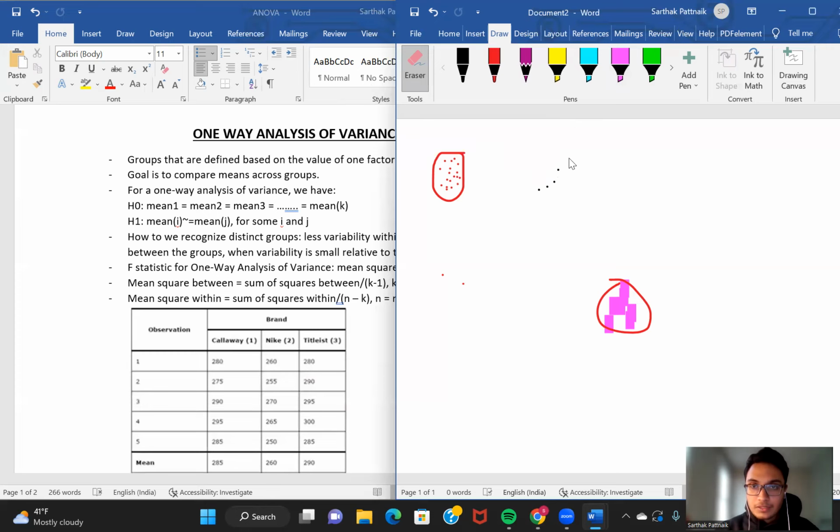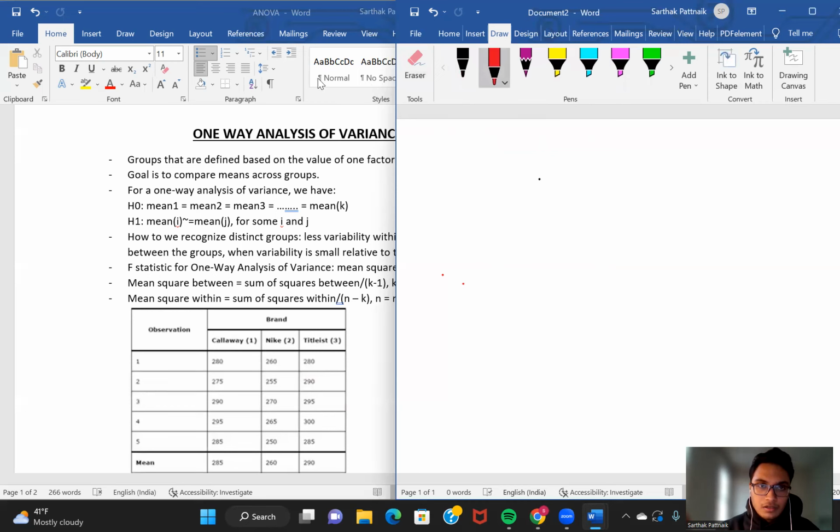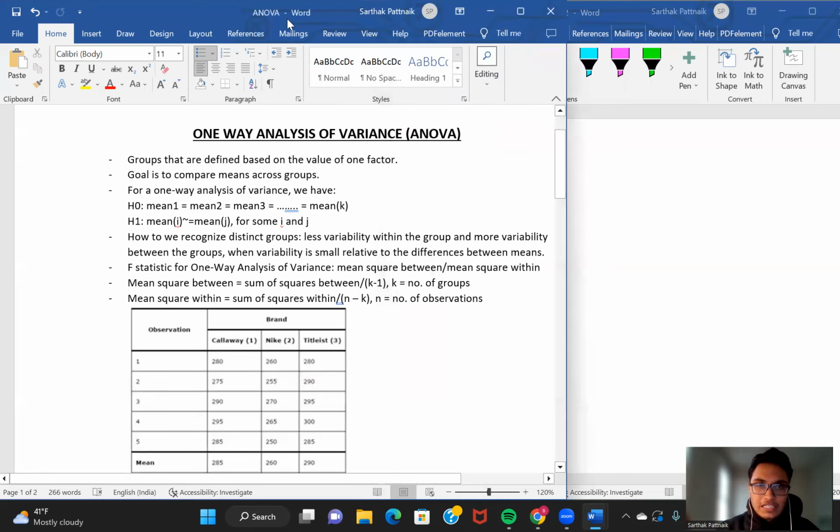So let us go ahead and understand a few mathematical concepts. As I was telling you, our goal with one-way ANOVA is to find out the distinction between groups that exist in a population data set.